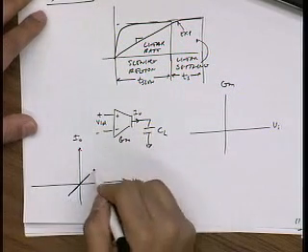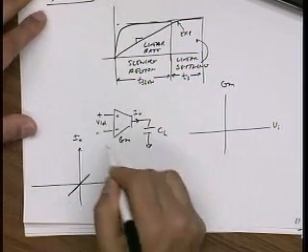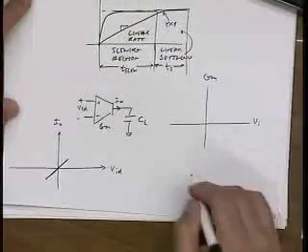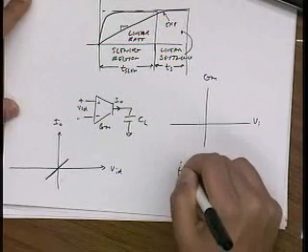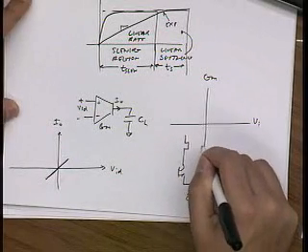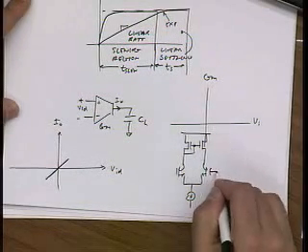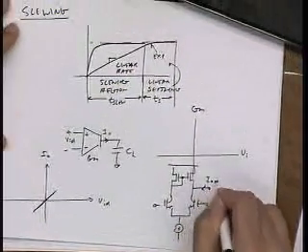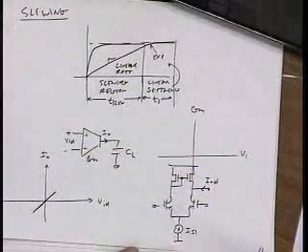But if I make the input too large, this is not a perfectly linear amplifier. Eventually, it just saturates. So if I think about, let's say this were a simple differential pair, so this is IOD, and let's say this is ISS.